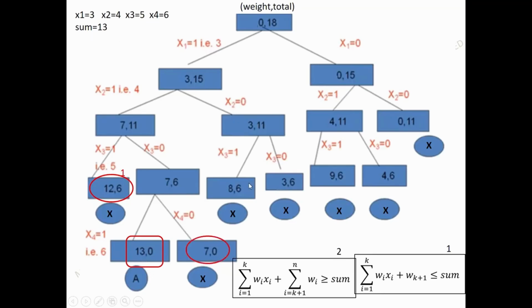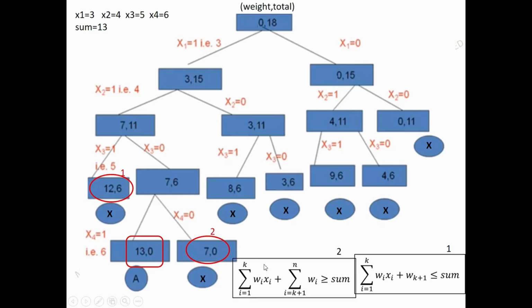Okay, now the case of this node, the weight is equal to 0 and the total value is equal to 0. The value is 7. Now for this node, it is not satisfying the second constraint.